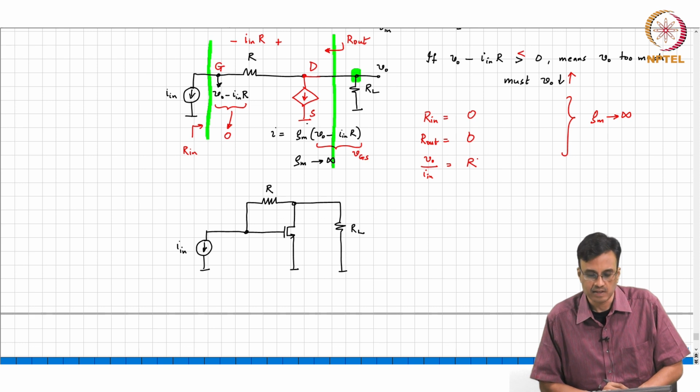All right. And the reason for this is that we are using negative feedback to provide us this transconductance.